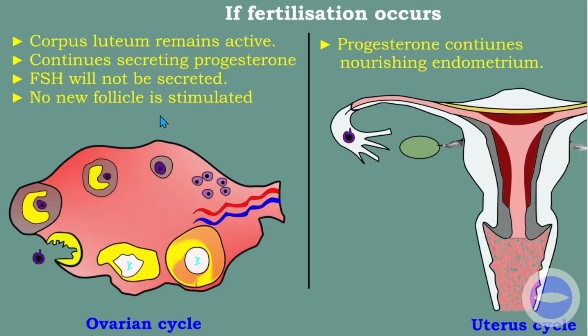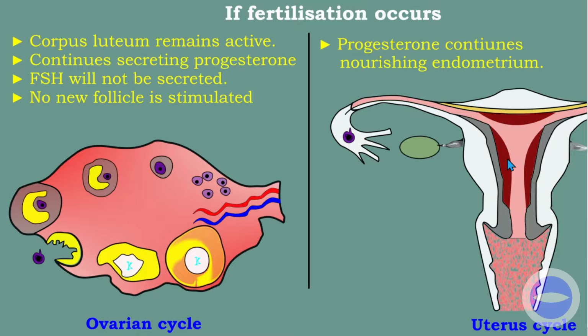And then in the uterine cycle, this progesterone continues nourishing the endometrium, so this will not shed, and this lining will remain intact like this one. And then this egg will come as it is fertilized, and will implant itself here.